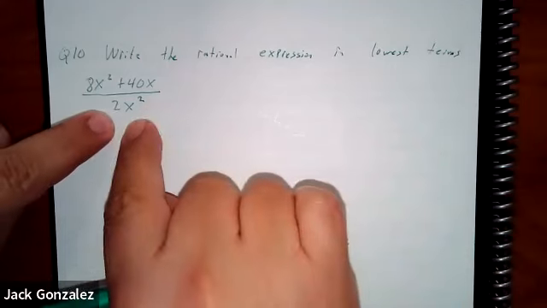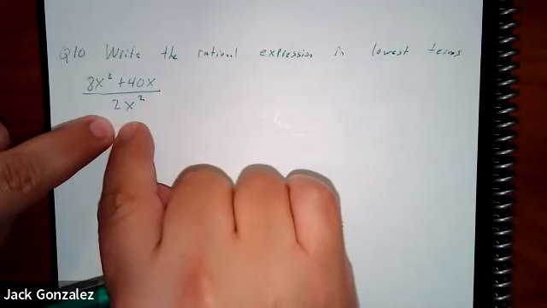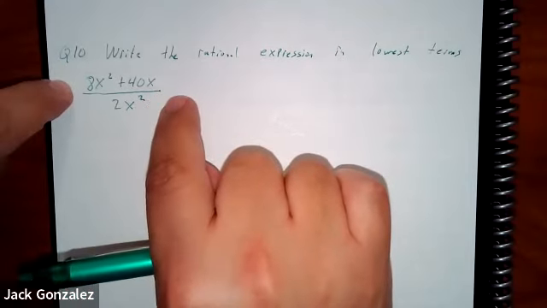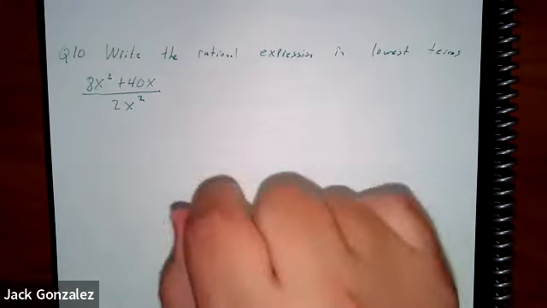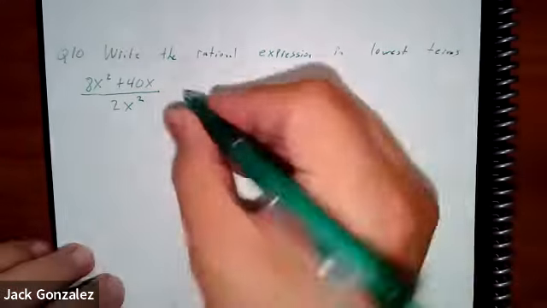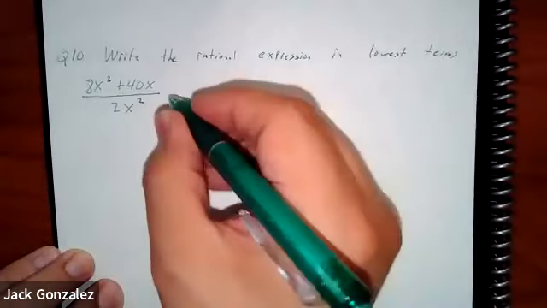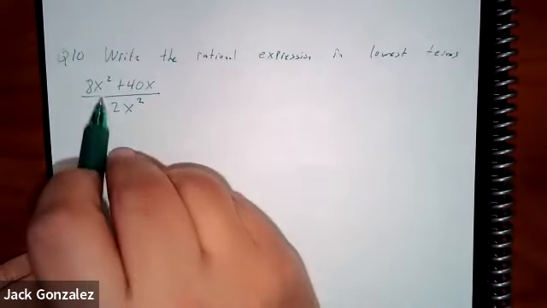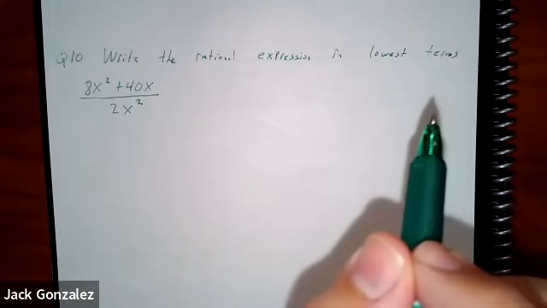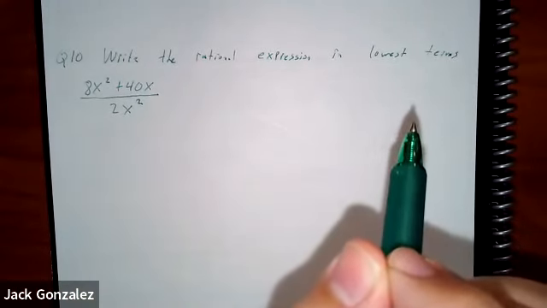The bottom already is a product, right? 2 times x squared. The top is not really a complete product. So what's in common up top? What's the GCF? They both have an X. So I can pull out how many X's? They're all divisible by 2.